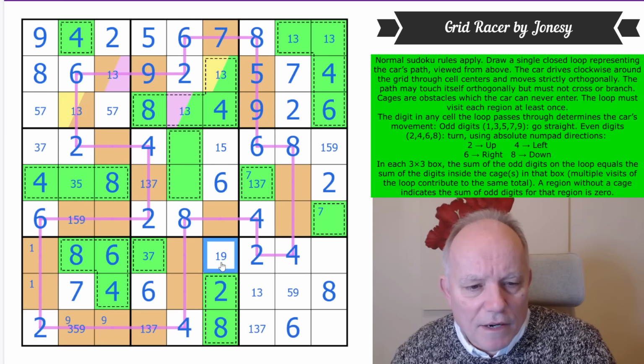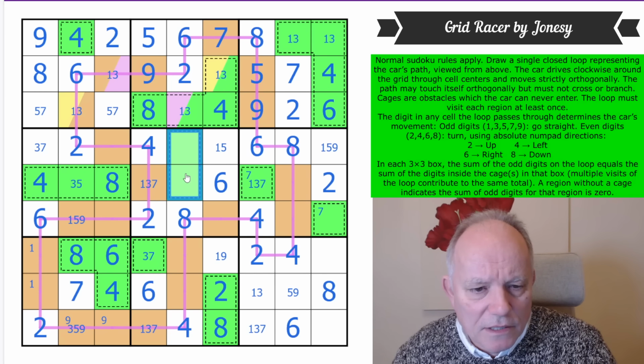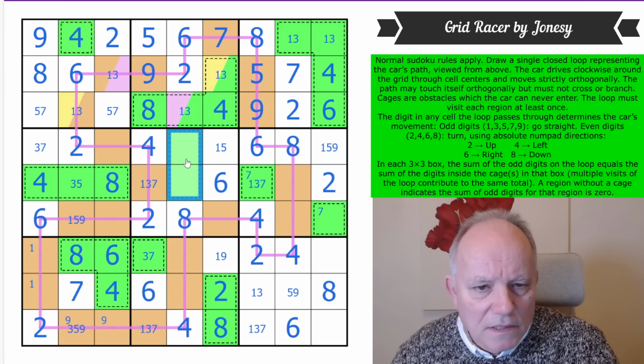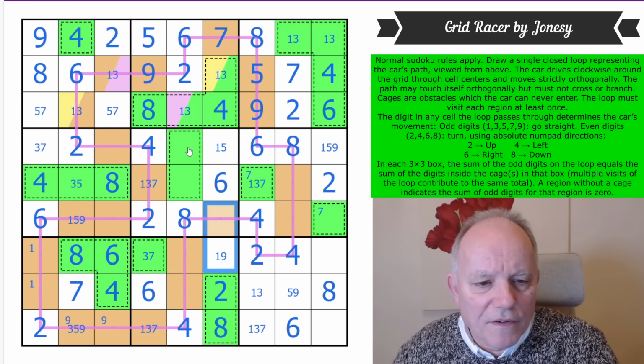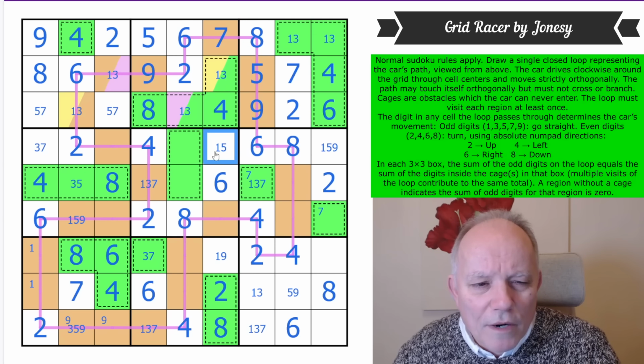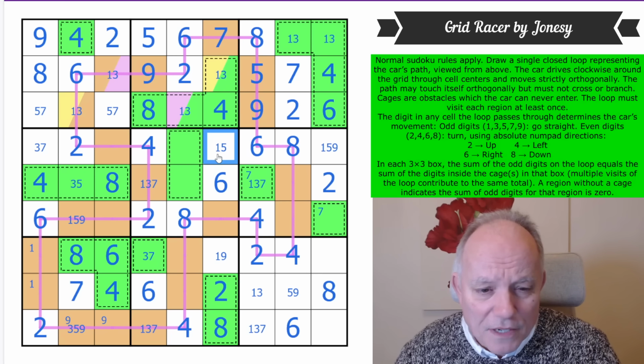If that's a 9, 9's in this cage. It could be 9, 3 though. If that's a 9, that could be a 5. And then I was wondering if I was going to be forced to have a 5 in this cell. And I think that would finish us off somehow if it was occurring.